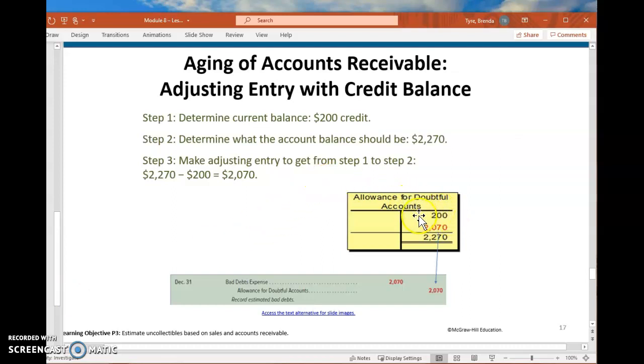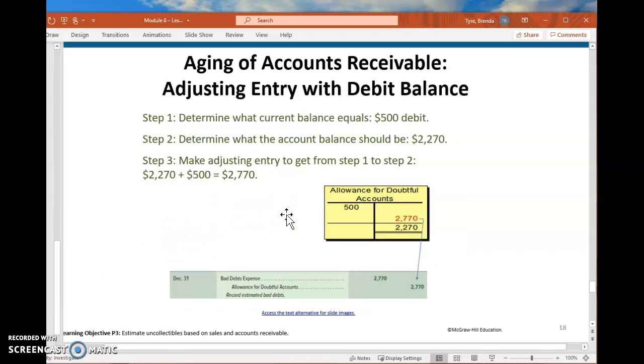Our allowance account currently, remember, had $200. We need it to have $2,270. So our adjustment is a debit to bad debt expense for $2,070, a credit to the allowance account for $2,070.